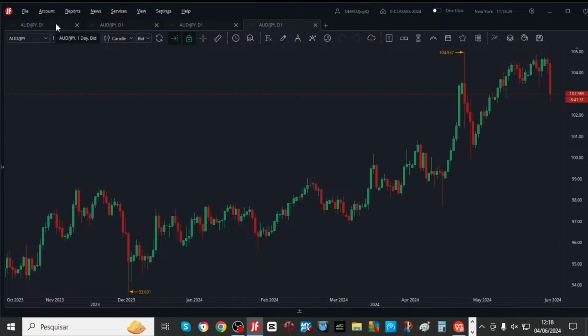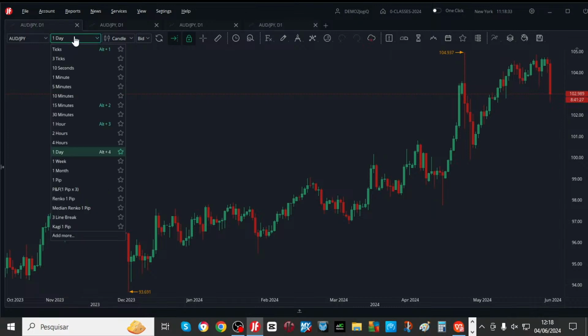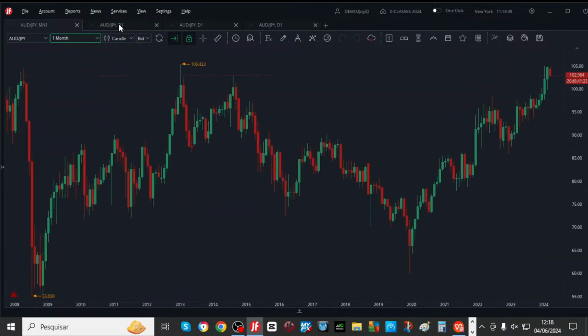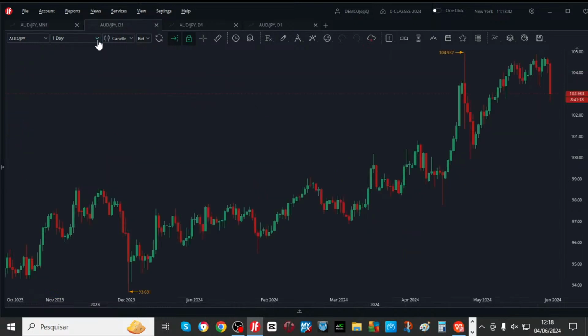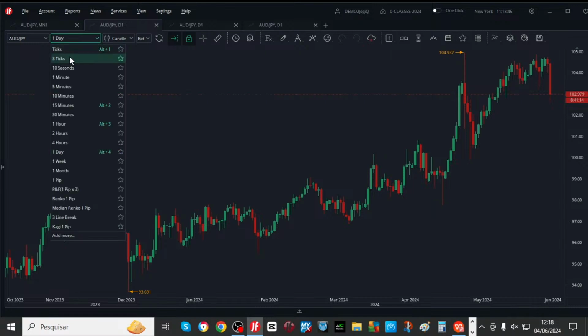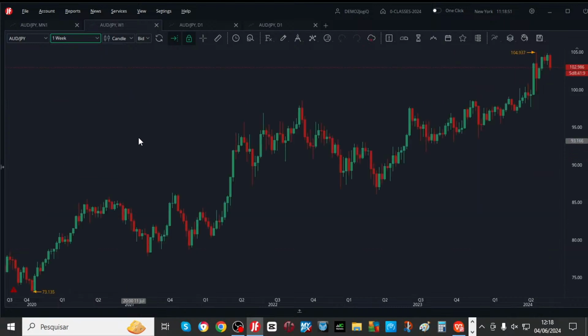Now you left click on the first one and from daily, you select monthly. You left click on the second tab, you go here to daily, you left click on day and you scroll down slowly and left click on weekly.